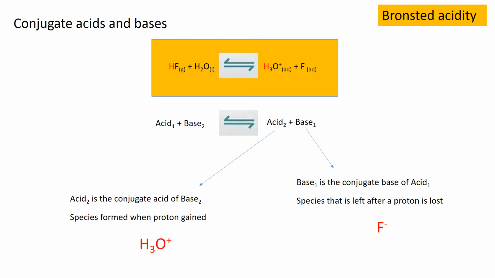Now it can get a bit confusing because you've got acid 1, acid 2, base 2 and base 1. On the right hand side of that equation, acid 2 is the conjugate acid of base 2. It's the species that has gained a proton. And base 1 is the conjugate base of acid 1. It's the species that is left after a proton is lost.